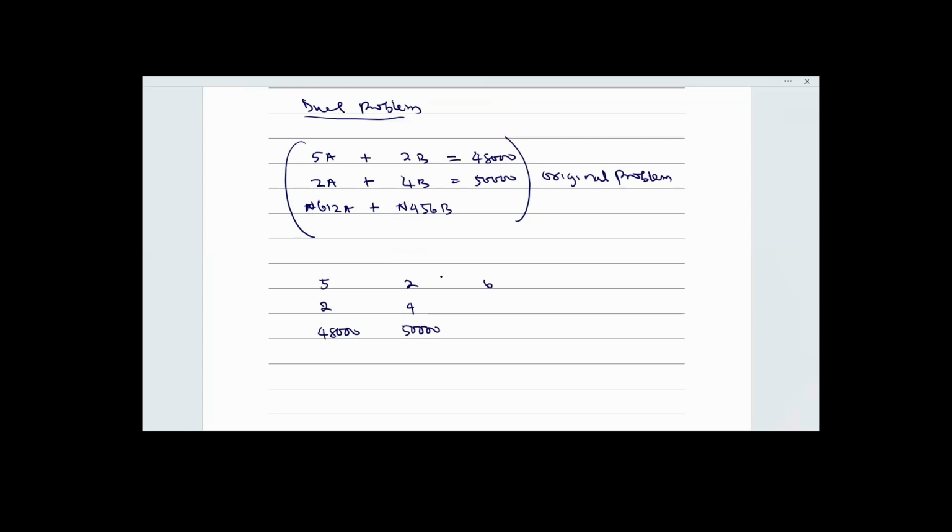The third row, 612, then 456. The letters in the original problem are A and B. You can change them to X and Y. So this represents the dual.